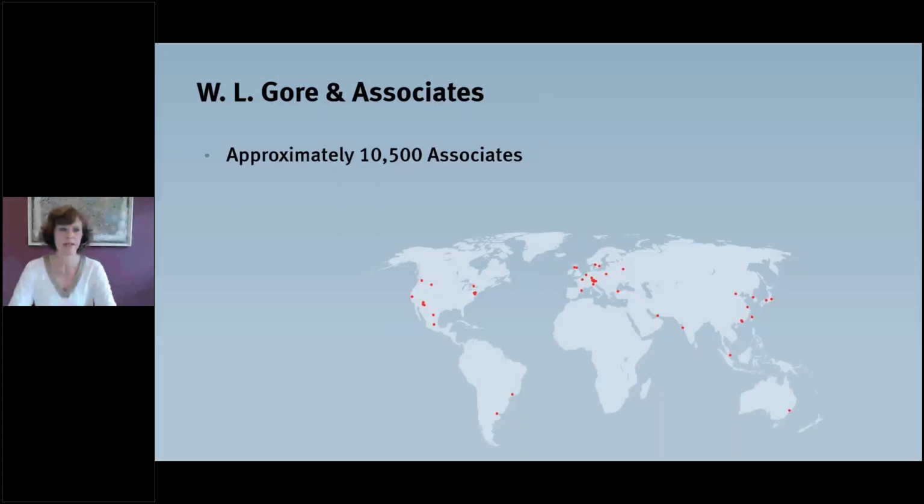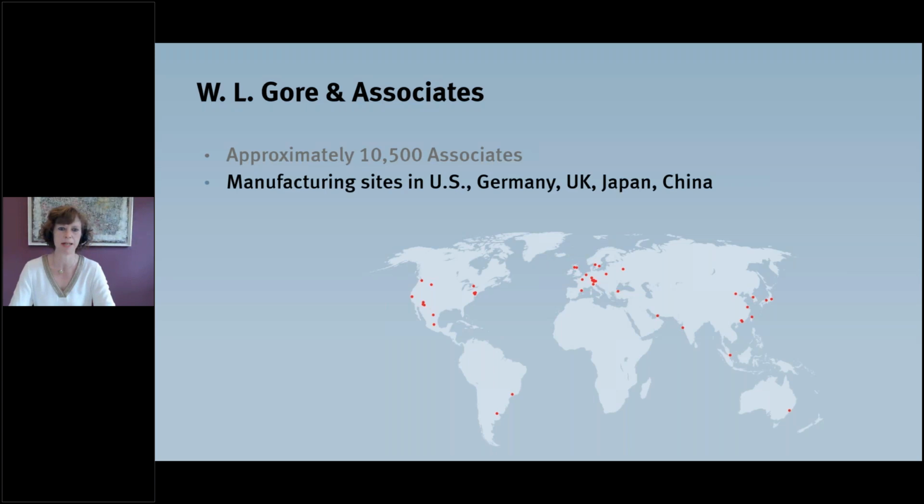WL Gore and Associates, founded by Bill Gore, is an American company with approximately 10,000 associates worldwide. We have manufacturing sites in the US, East and West, in Germany, United Kingdom, Japan, and in Shenzhen, China. Last year, we ended up with $3.7 billion as annual revenues.